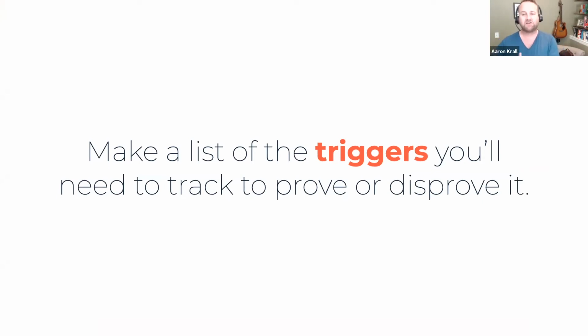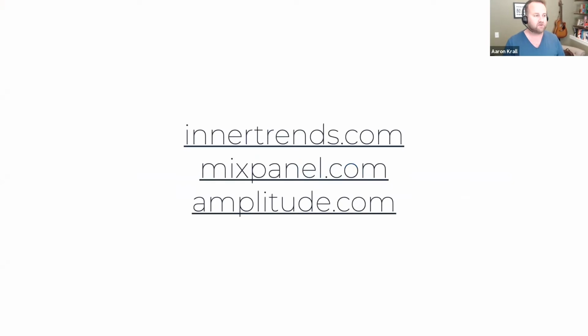If they take these 6 actions, there's the highest chance of them converting. So that way you can just take the data and then you track them. Here's some tools to use for that. Intertrends is my number 1 choice, Mixpanel, Amplitude. Remember, it's okay not to know, but you should be tracking these things. If you don't know, you need to be working on that, okay?